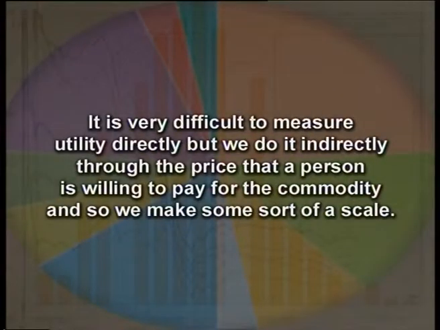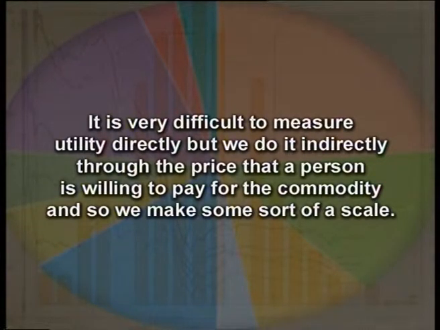satisfaction from that commodity. Therefore, it is very difficult to measure utility directly, but we do it indirectly through the price that a person is willing to pay for a commodity.